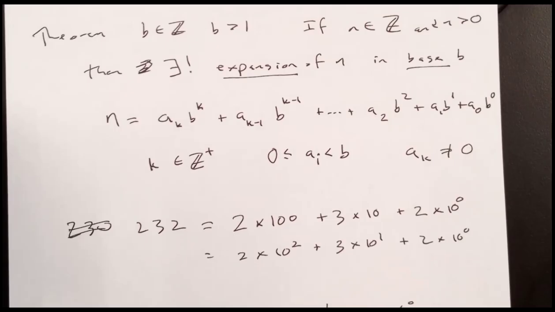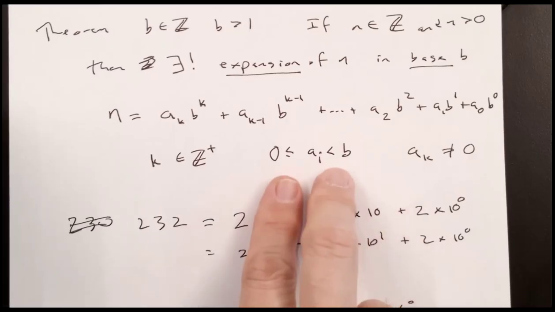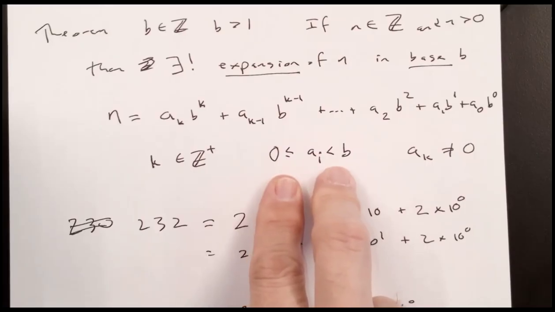If I'm using base 2, why can't I write 2, 3, 2 base 2? I know the answer is up there. Colin? It has to be less than the base. The 3 and 2 are greater than or equal to the base.